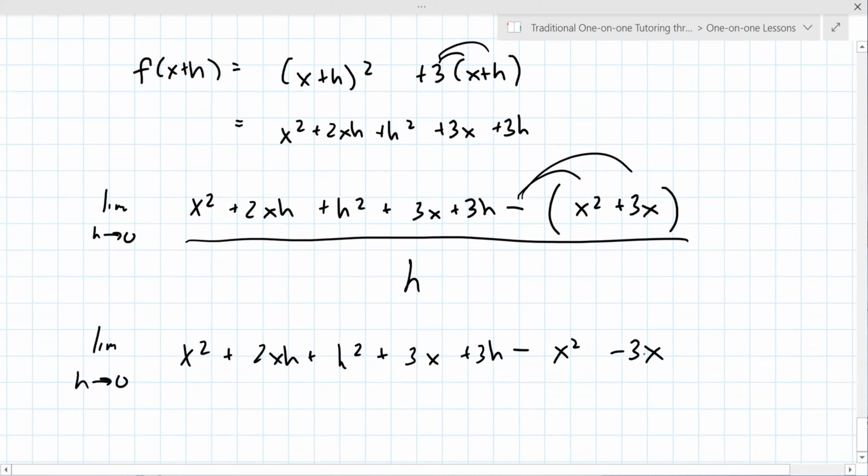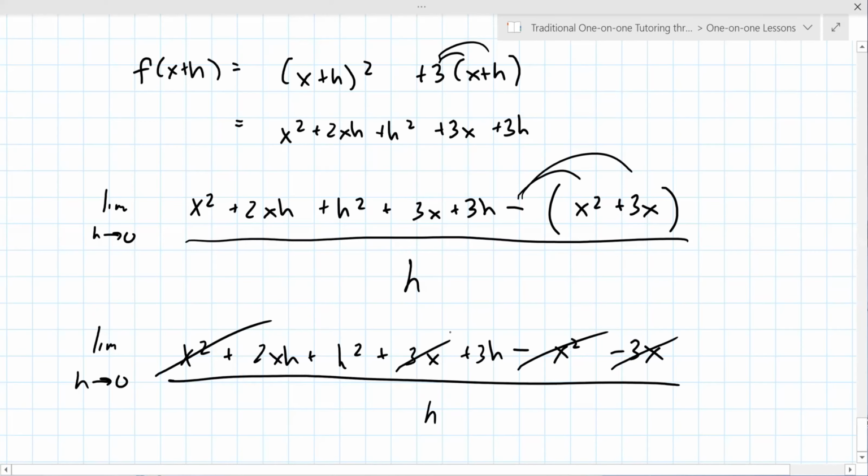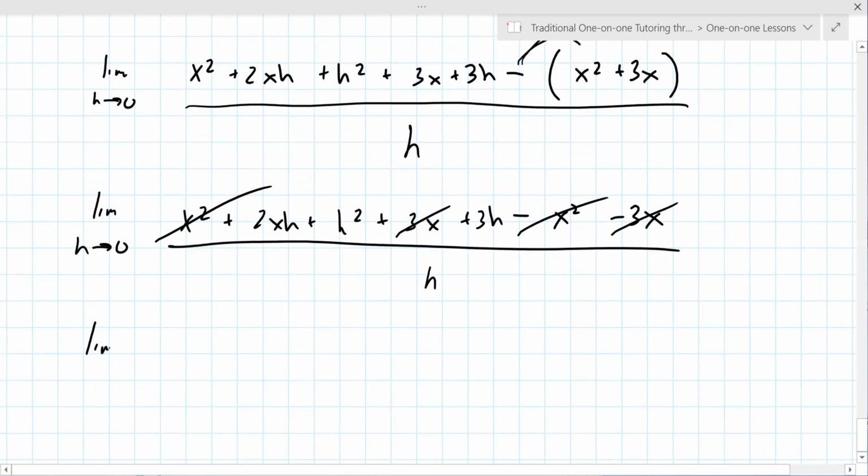And then some things start canceling. So your x squareds cancel, your 3x's, and then your h's because of the denominator. So that cancels, that cancels, that cancels, and the h terms go away too, because you cancel out h.